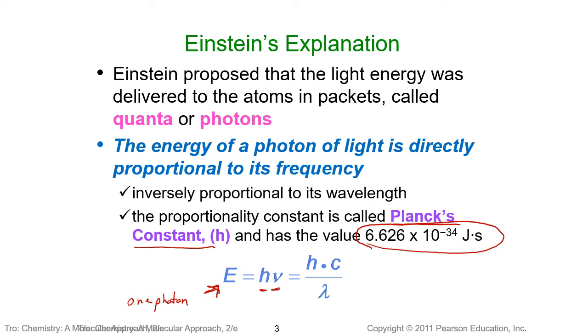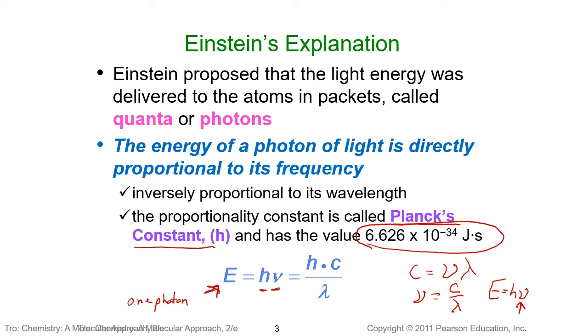Alternatively, we have another equation that we can use if we're given the wavelength. Because we know that the speed of light is the frequency times the wavelength, if we rearrange this equation for frequency, we can plug this into the equation for energy.